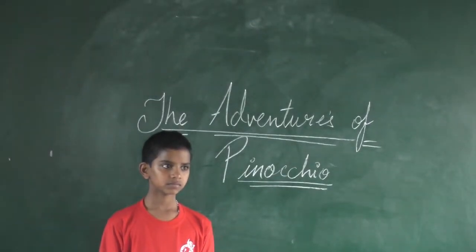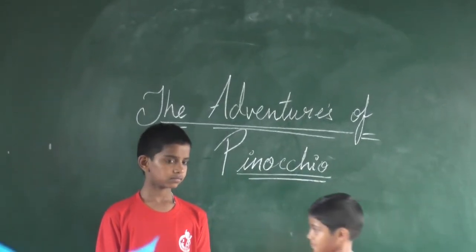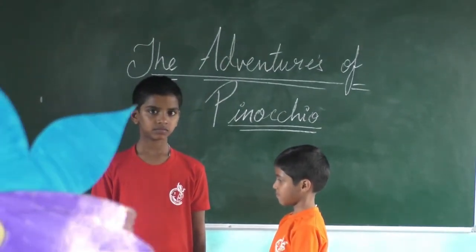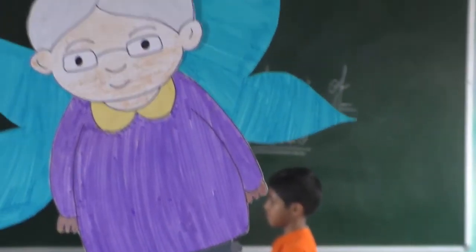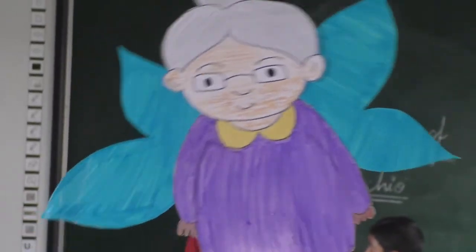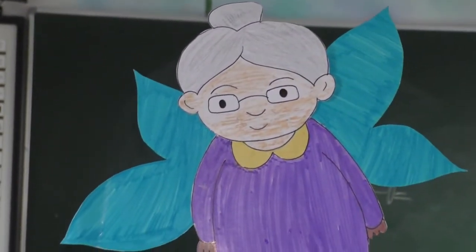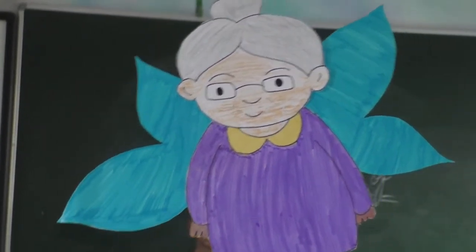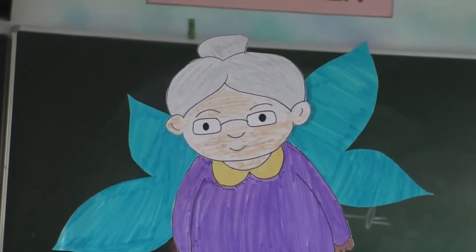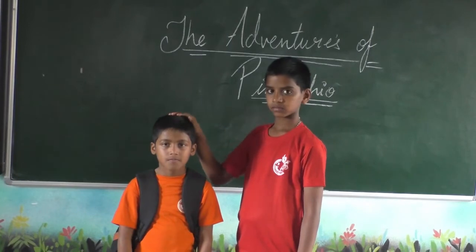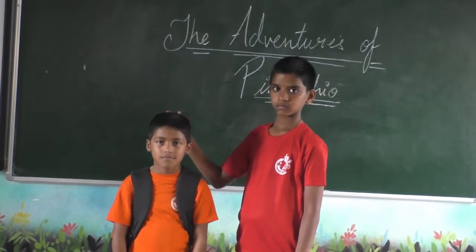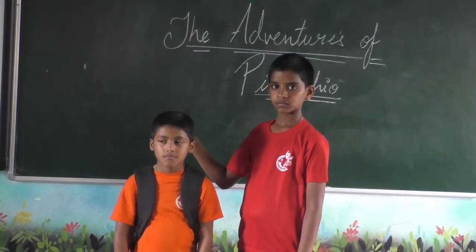Pinocchio is also swallowed up by the whale, where he meets Geppetto and he rescues both Geppetto and himself. Seeing his bravery, the Blue Fairy turns him into a real boy. Pinocchio becomes a good boy and never misses his school again.